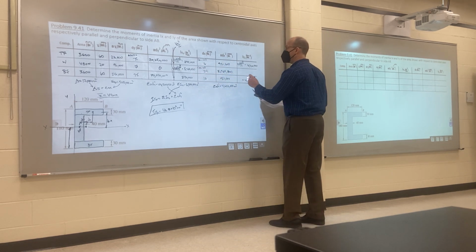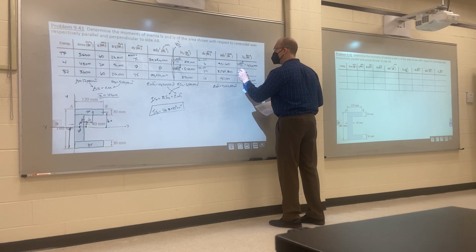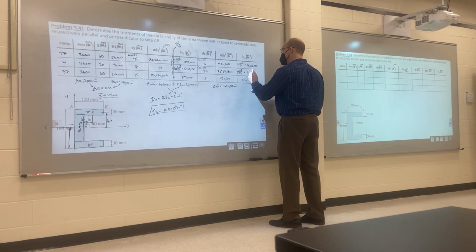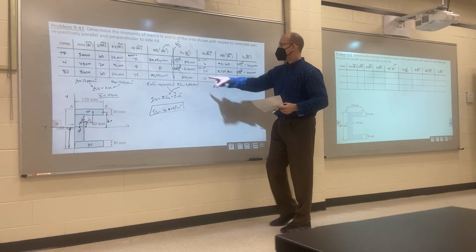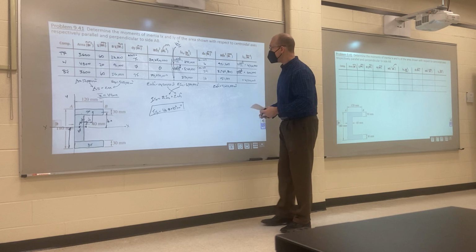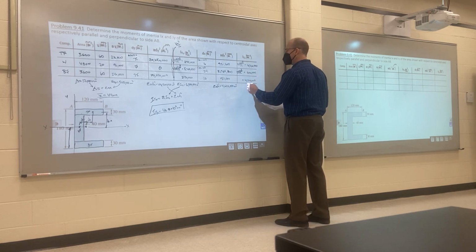So instead of 40 times 120 cubed, it's now 120 times 40 cubed divided by 12, which is 640,000 millimeters to the fourth, as opposed to 5 million. Big difference. I add these up, the sum of I sub 0y is equal to 9,280,000 millimeters to the fourth.